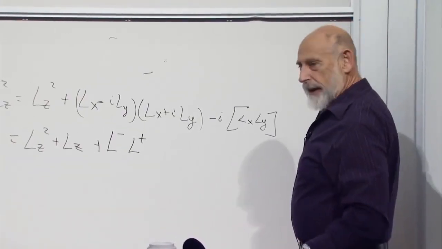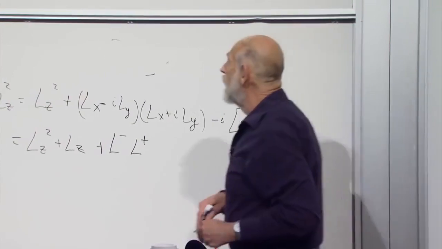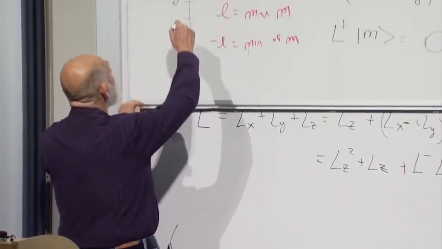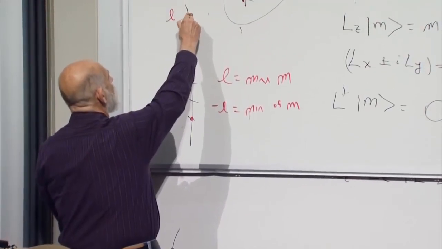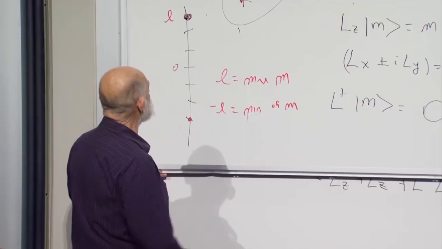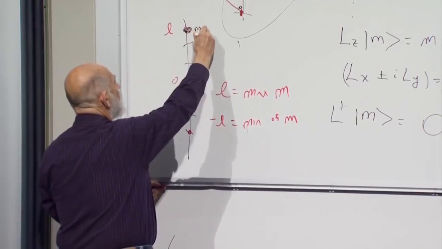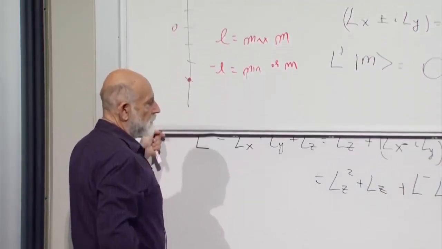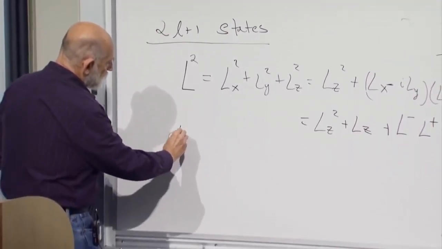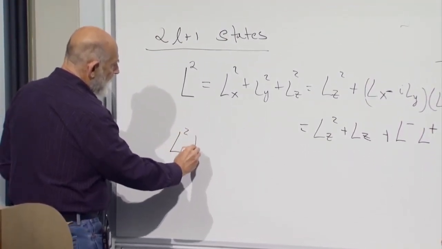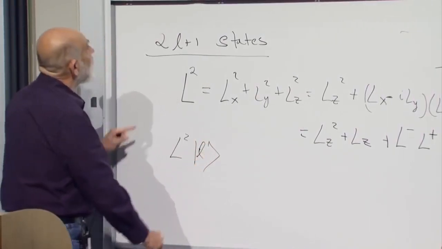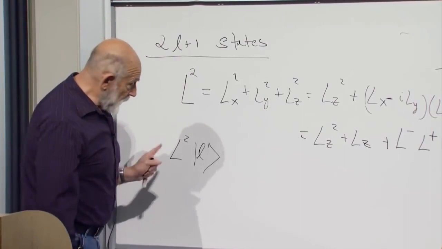Now let's apply that. Let's take this operator and apply it to the maximum highest M state, M equals L. So let's take this L squared on L. L is the highest state there, okay?